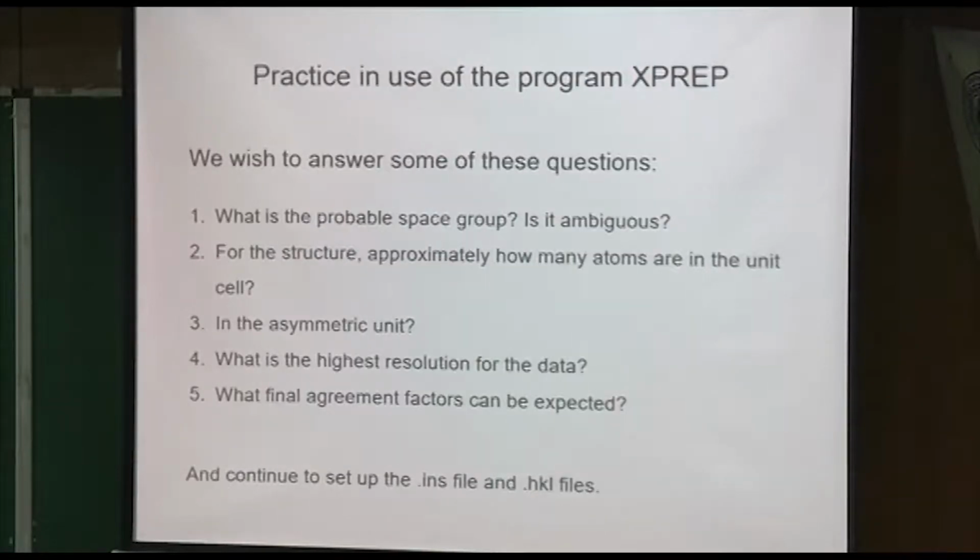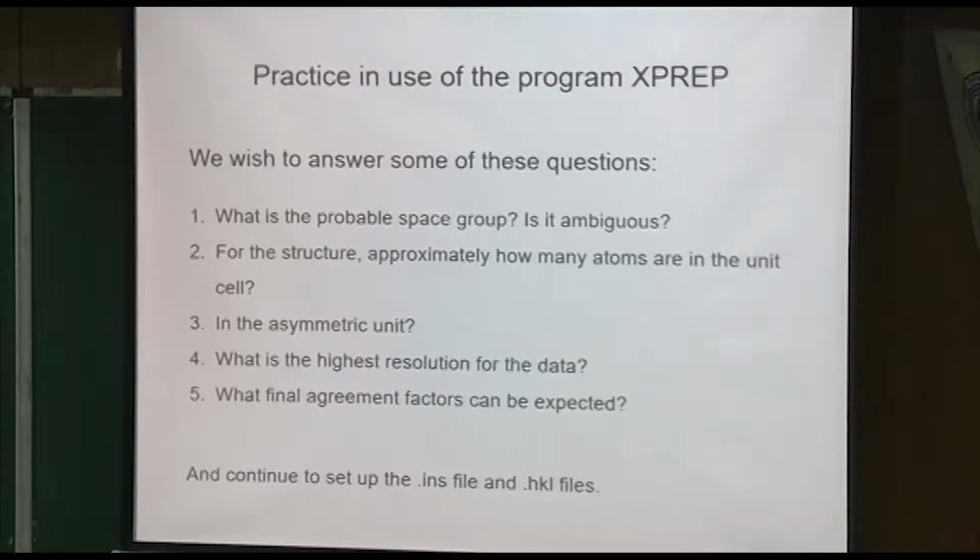Let's go on here. Okay, so XPrep. We talked about this a little bit already. It's going to help you figure out the space group. You can get estimates of how many atoms are in the unit cell, how many are in the asymmetric unit, what's the highest resolution that you have, and what final agreement factors you can expect, what your R value might be.